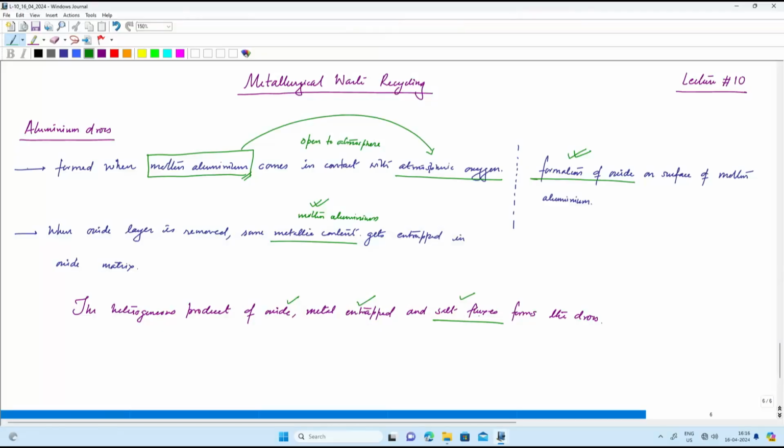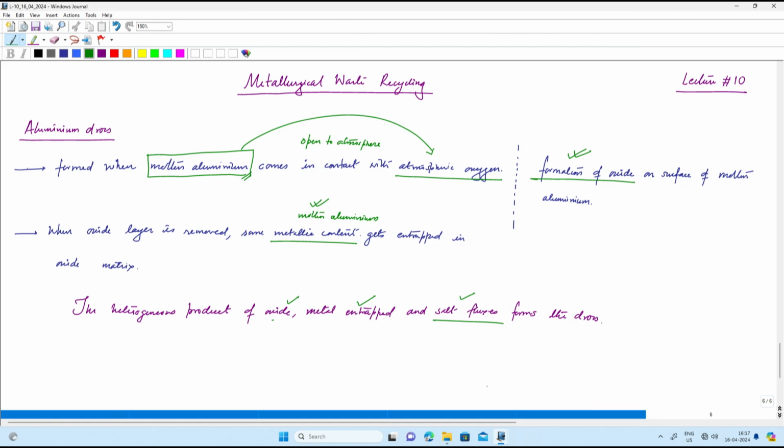So the salt fluxes are essential. It is basically a heterogeneous mixture of oxide, aluminium entrapped with the oxide, and salt fluxes, which, when allowed to cool, becomes a hard lumpy mass called dross.